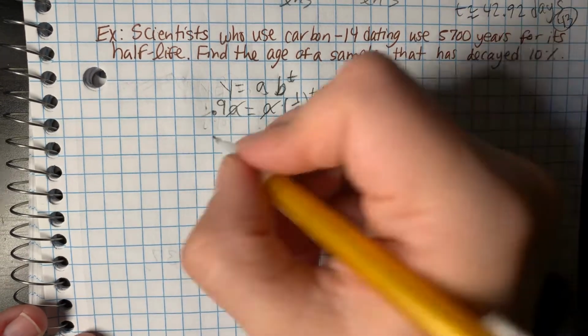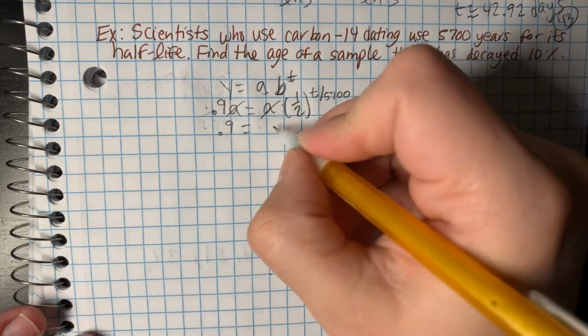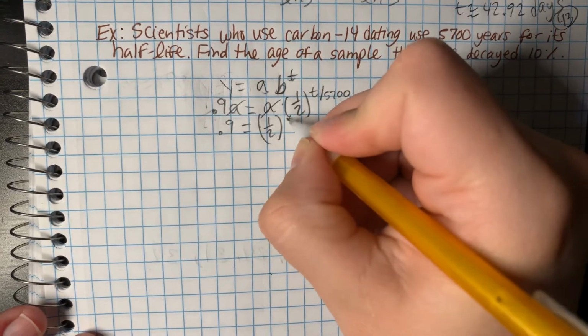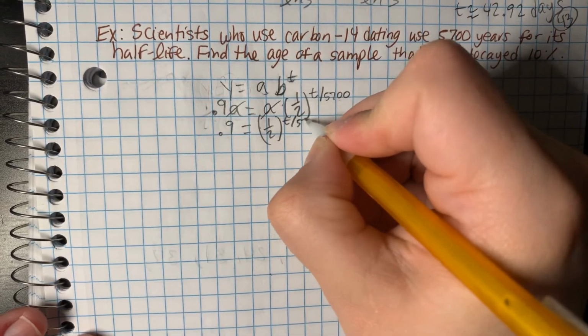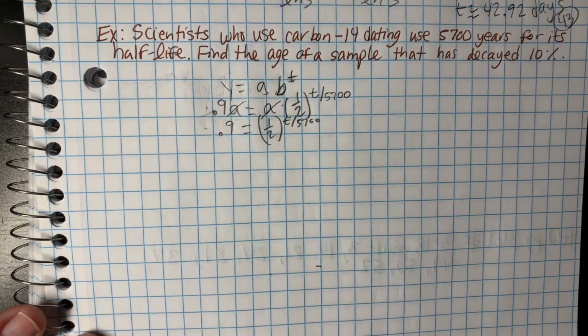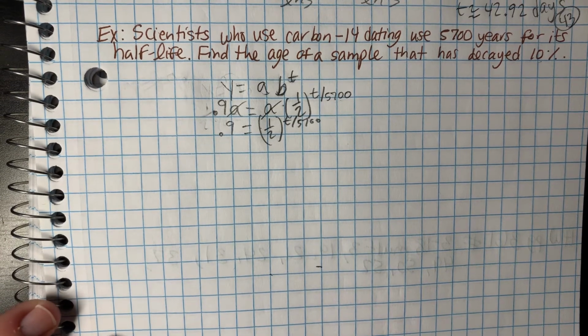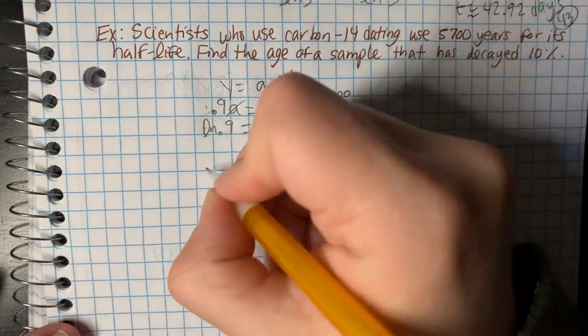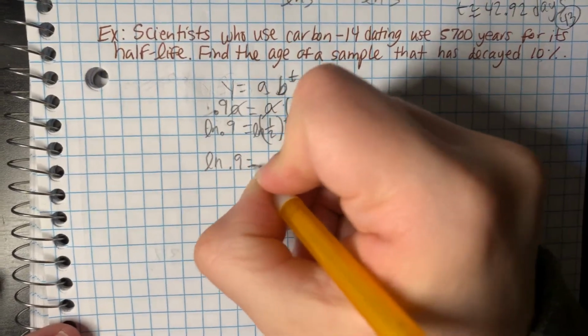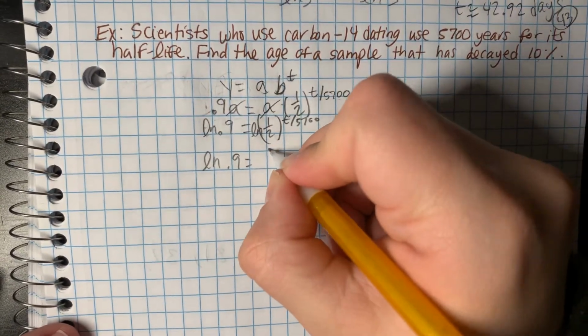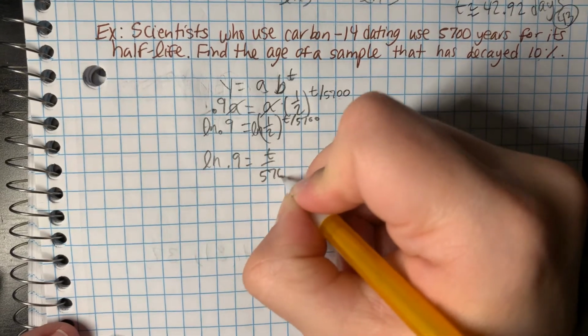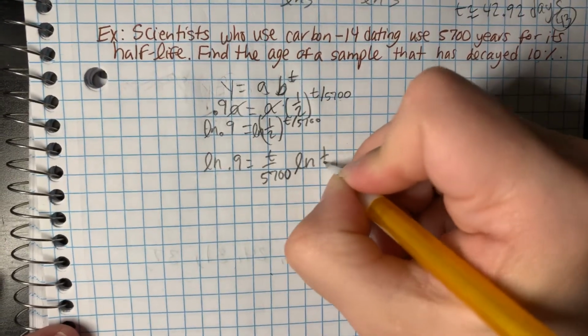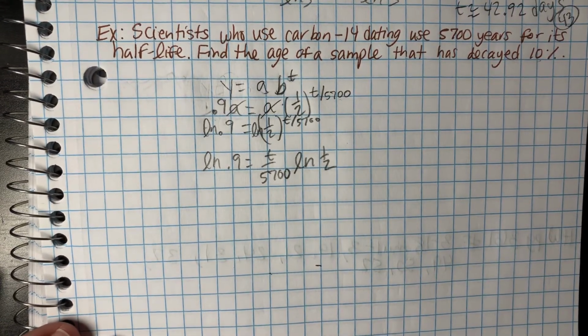Okay, so we're going to have 0.9 equals 1/2 to the t divided by 5,700. All right, we're going to be able to take the ln of both sides. When we do that, this drops in front. Okay.